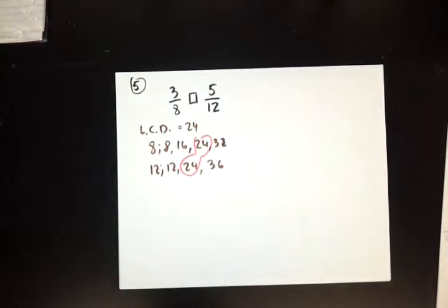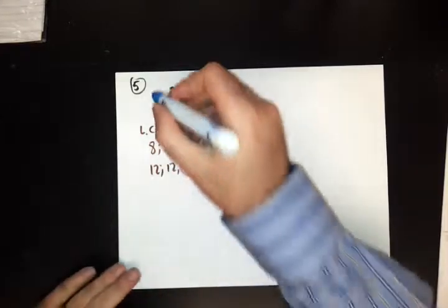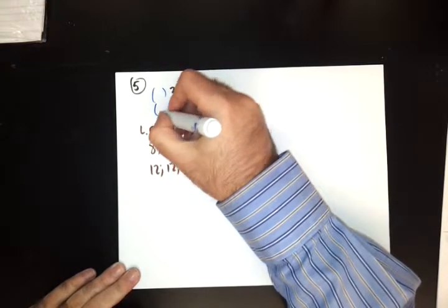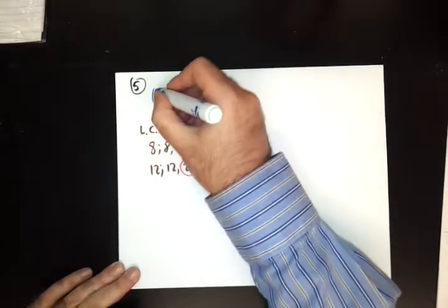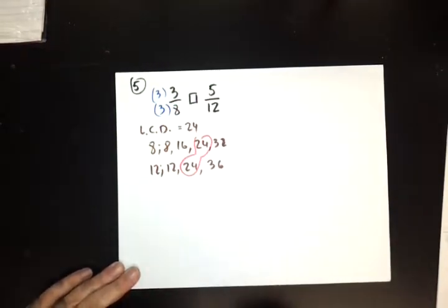So I'm going to convert both fractions to be 24, which is a lot better than multiplying 8 and 12 together, I promise you. So I'm going to multiply the first fraction by 3, because 3 times 8 gives me 24.